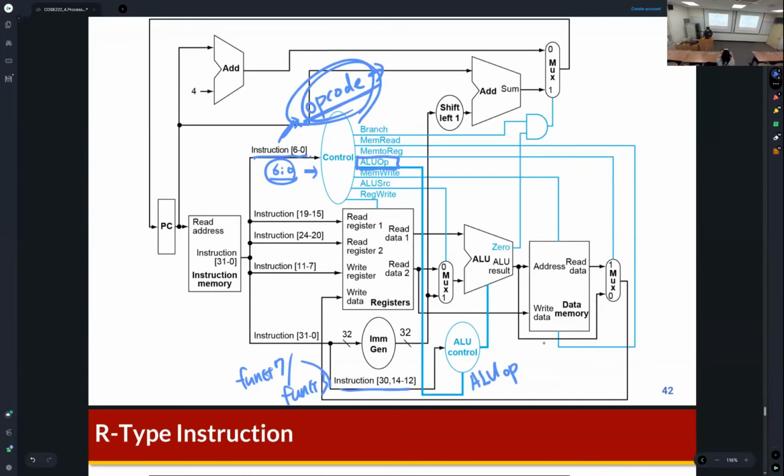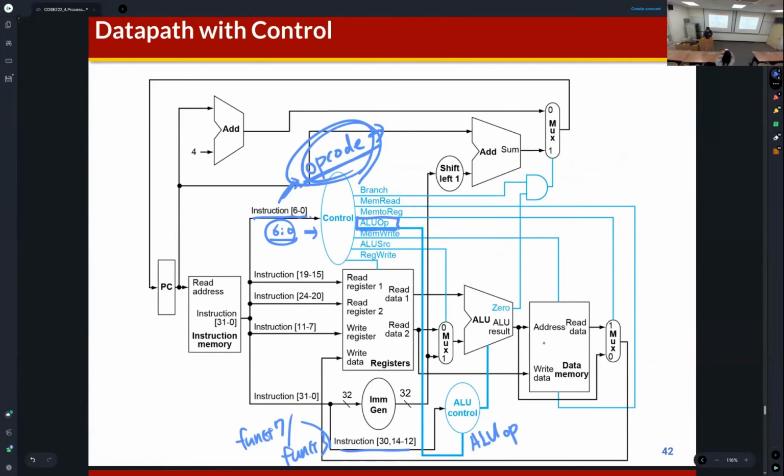So in order to determine the operation of the ALU for the arithmetic or logical instruction, this ALU control needs to receive the function 7 or function 3 field of the instruction. Then the final control signal for the ALU is determined.